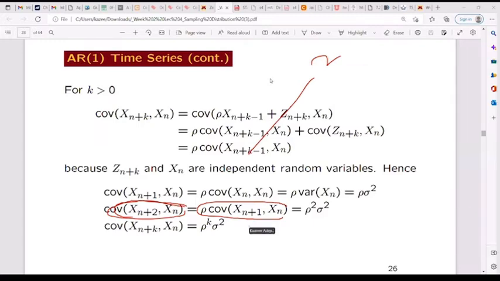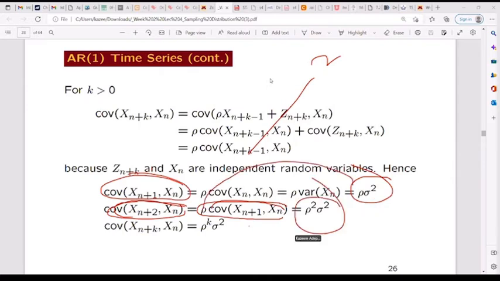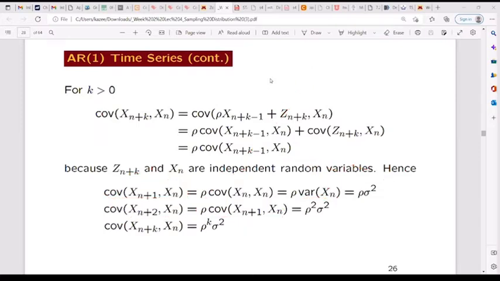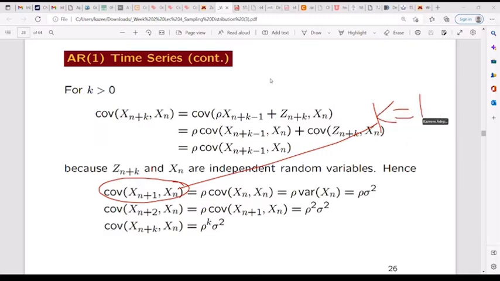And this is the one we derived here to be this. If you bring that to join with rho, that would be rho squared sigma squared. Look at that, that is recursive. This is for the situation where k equal to 1, and this is for the situation where k equal to 2.